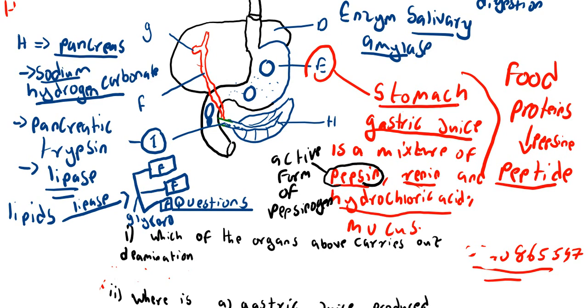So in the duodenum, lipids are going to be digested by the enzyme known as lipase into its building blocks, glycerol and fatty acids. How many fatty acids? 3. How many glycerol molecules? 1. If I want to take a look at the diagram properly, it looks something like this.